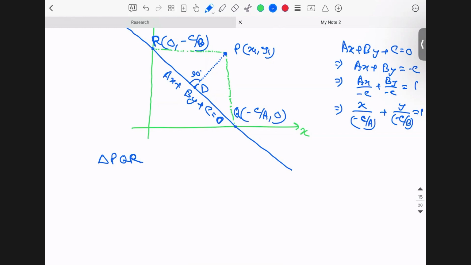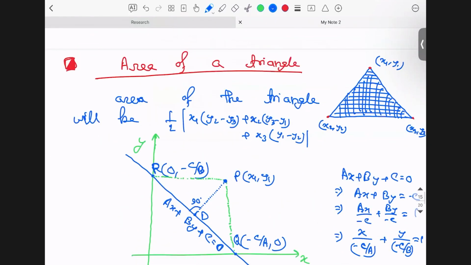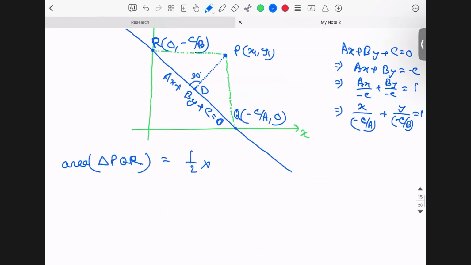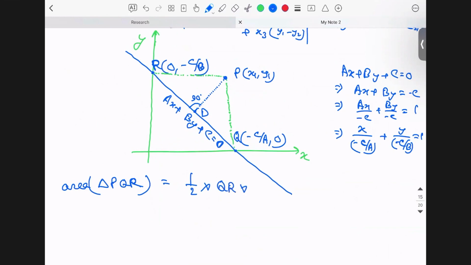If you know the area of a triangle, we have a formula here. The area of a triangle is nothing but half into the length of the base into the length of the perpendicular from the vertex. Like the area of this triangle is half into QR into PD.